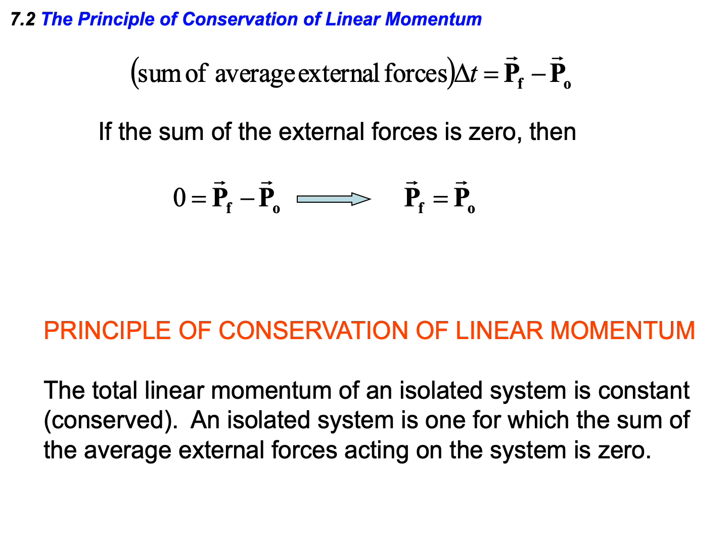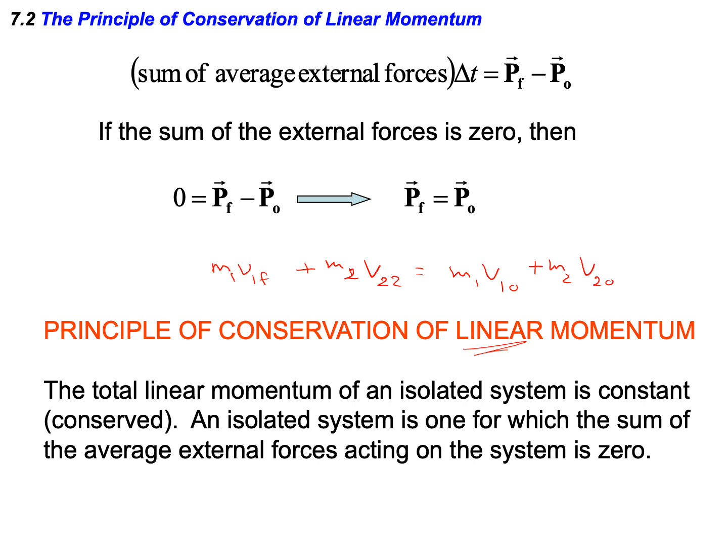So final momentum, M1 V1 final plus M2 V2 final, is equal to initial momentum, M1 V1 initial plus M2 V2 initial. So this is the principle of conservation of momentum.